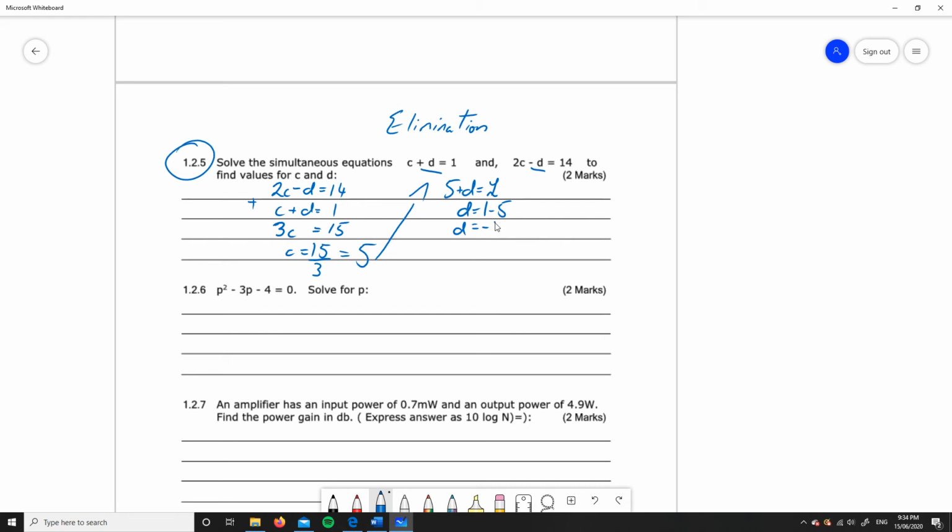Therefore d equals negative 4. So over here I could write c equals 5, d equals negative 4. If I wanted to just check that, what I could do is substitute those values back in here. So 2 times 5 minus negative 4 equals 14. So 10 minus a negative is a plus, equals 14. So I know that those two values are correct.